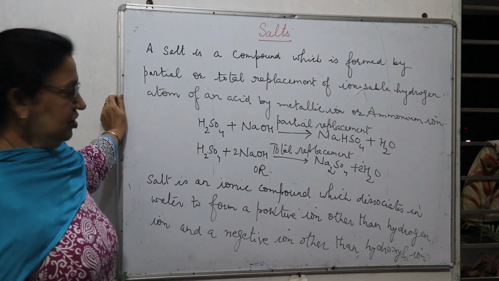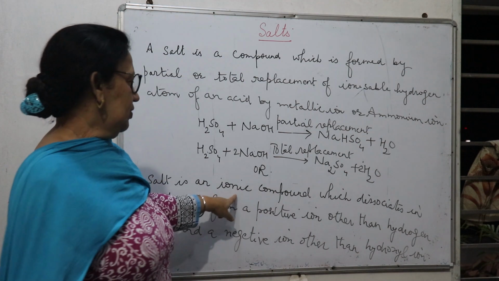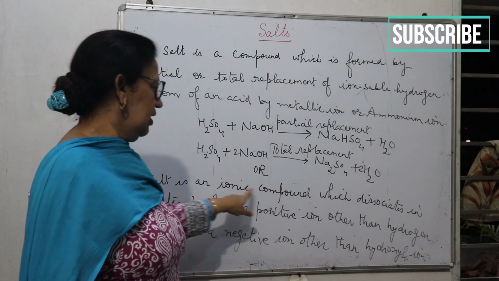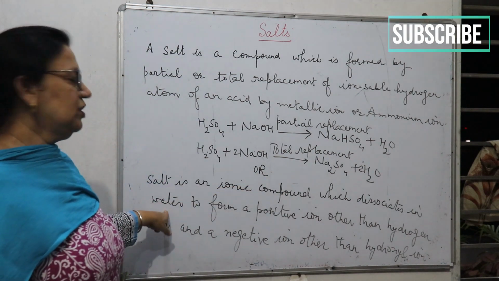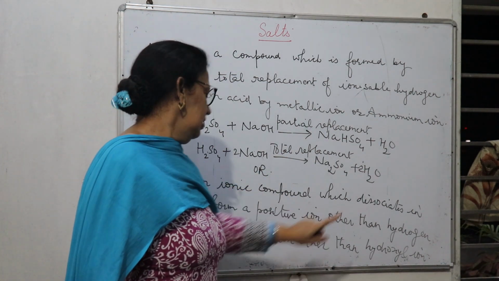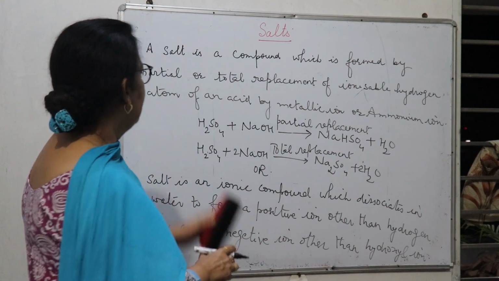Ionic compounds are those which are formed by the transference of electrons. Salt is an ionic compound which dissociates in water to form a positive ion other than hydrogen ion and a negative ion other than hydroxyl ion.